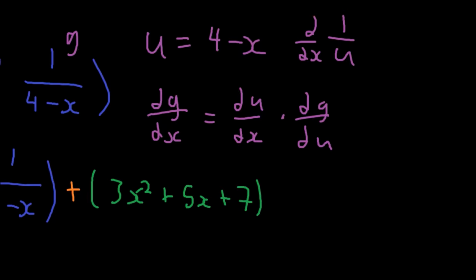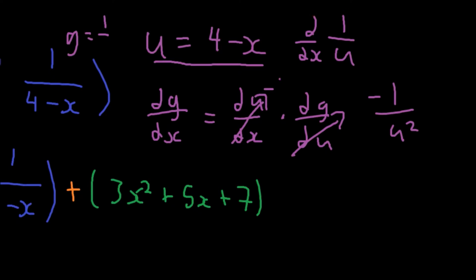Well, g equals 1 over u, so dg by du is going to turn into minus 1 over u squared from the polynomial rule, times du by dx. The derivative of 4 minus x with respect to x is minus 1, since the slope is minus 1. If we multiply this out, that's just plus 1 over u squared.